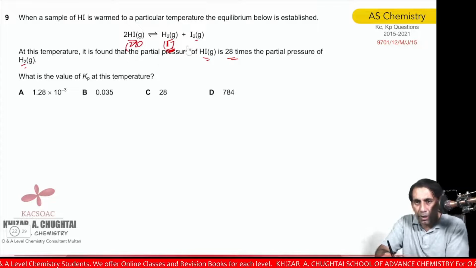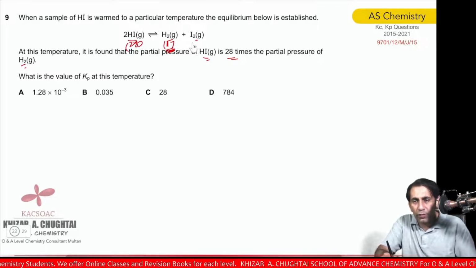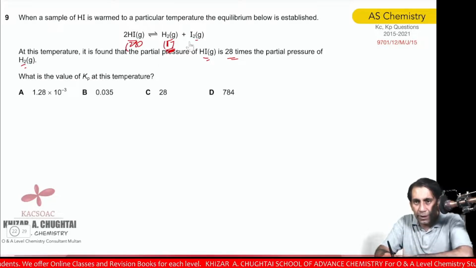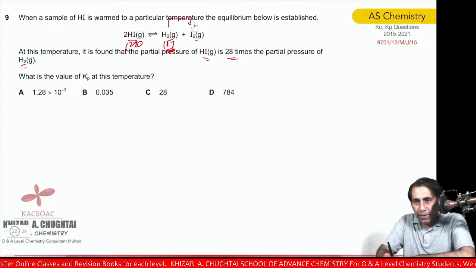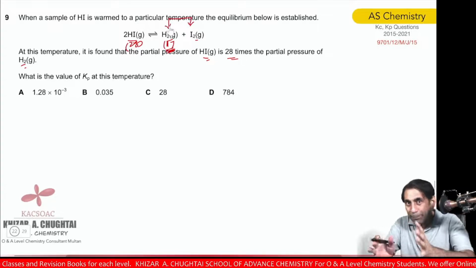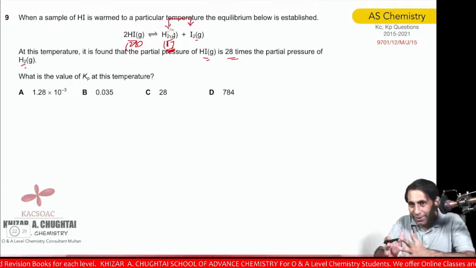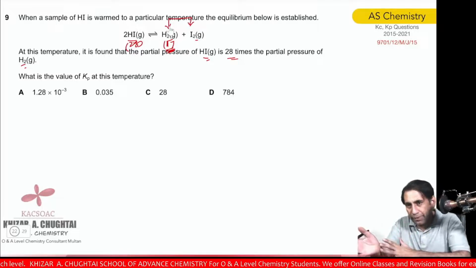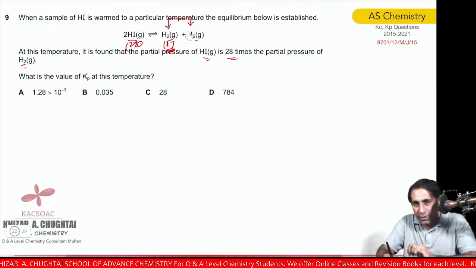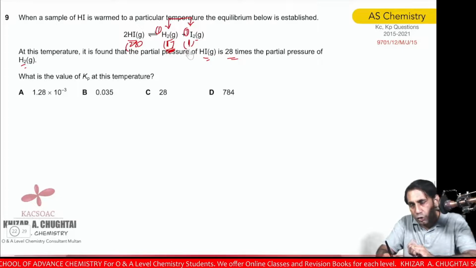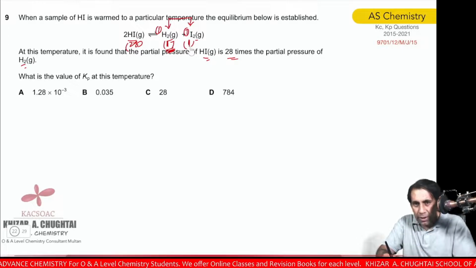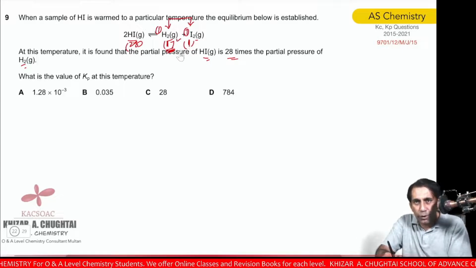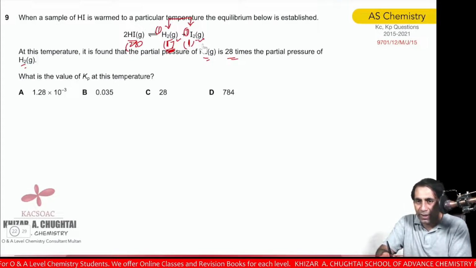Now, what will be the partial pressure of iodine? They have the same mole ratio, a 1-to-1 ratio, so its answer will also be 1. So the partial pressure of H2 is 1, and the partial pressure of iodine is 1.